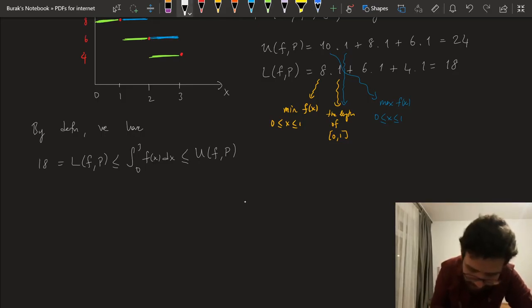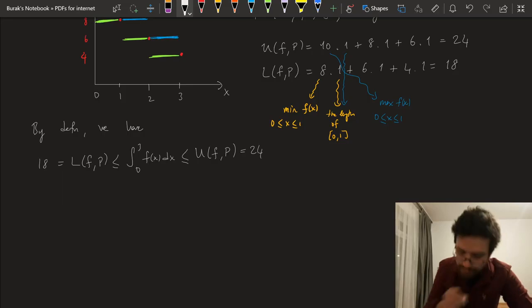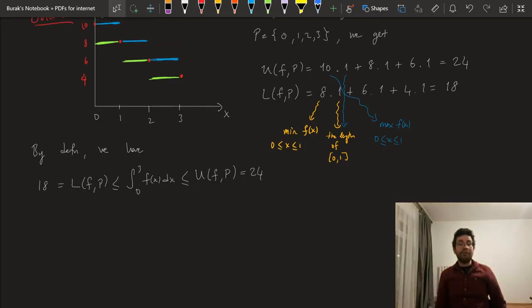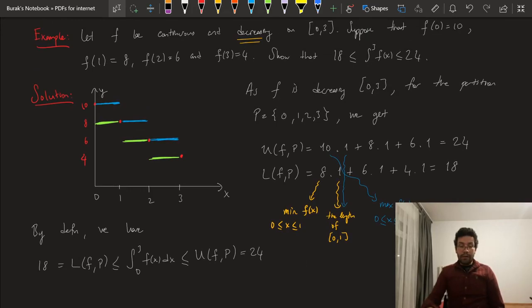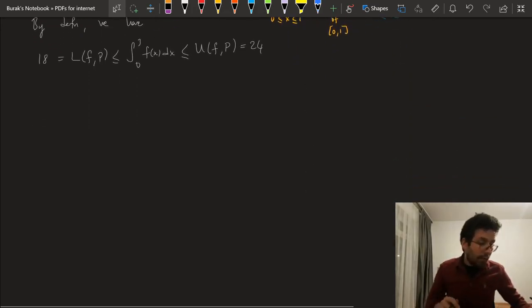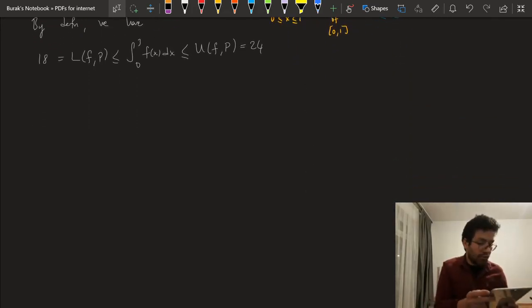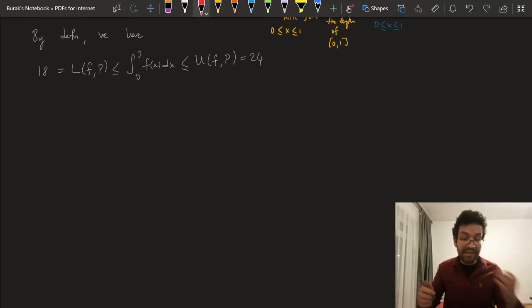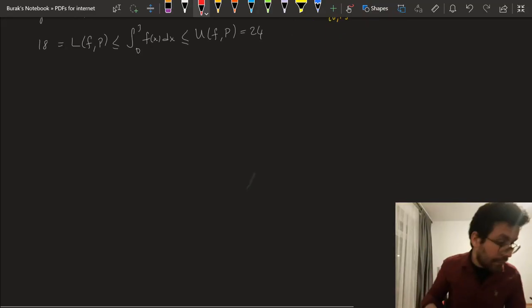We showed that this is 18 and this is 24, and that's it. I have shown that this integral is between 18 and 24. Okay. Now let me solve one more question, and then we're going to talk about the mean value theorem for integrals.